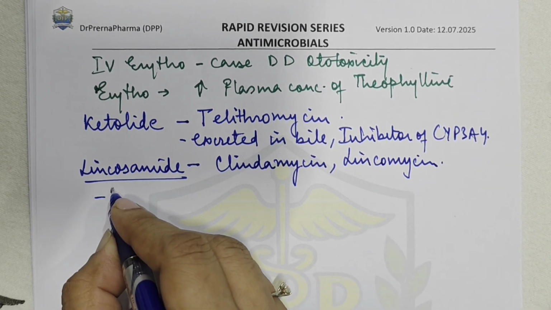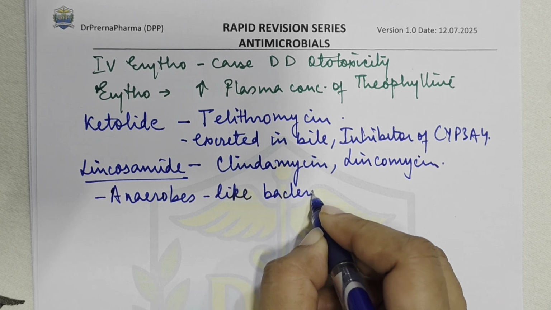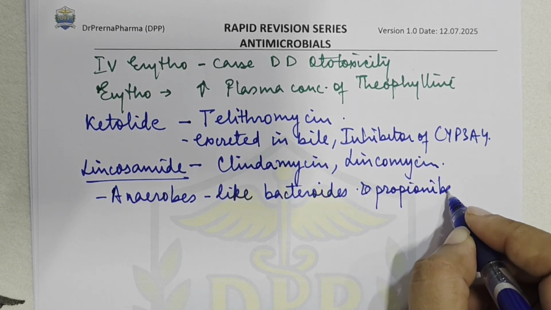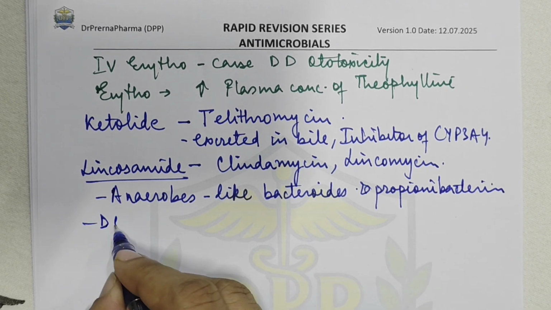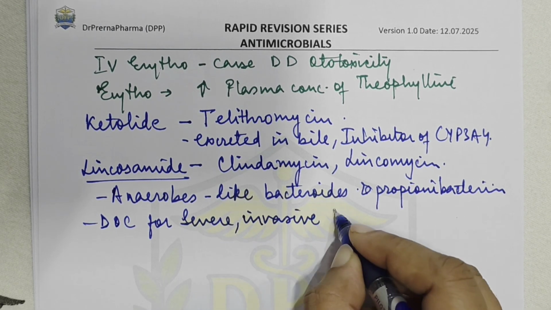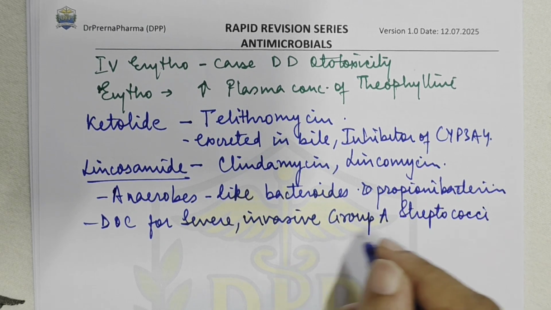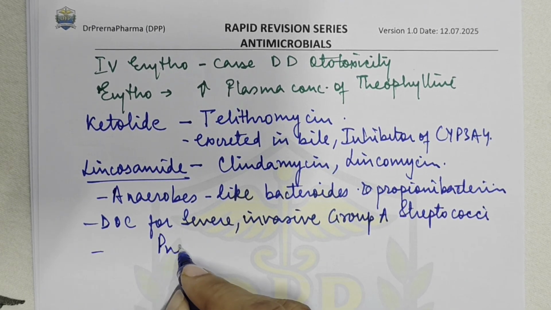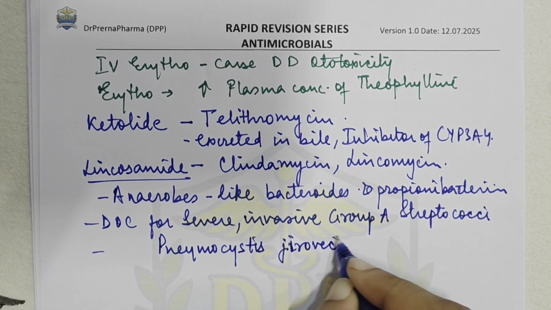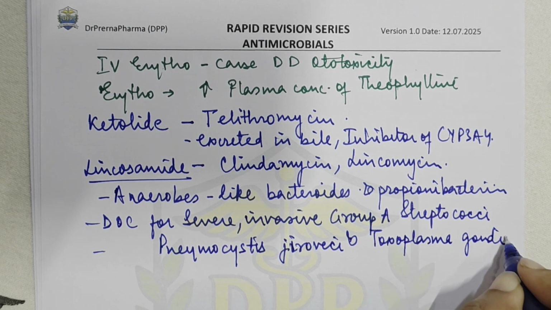The main use is against anaerobes like Bacteroides and Propionibacterium. It is also the drug of choice for treatment of severe invasive group A streptococci, right? Also used in Pneumocystis jirovecii and Toxoplasma gondii.